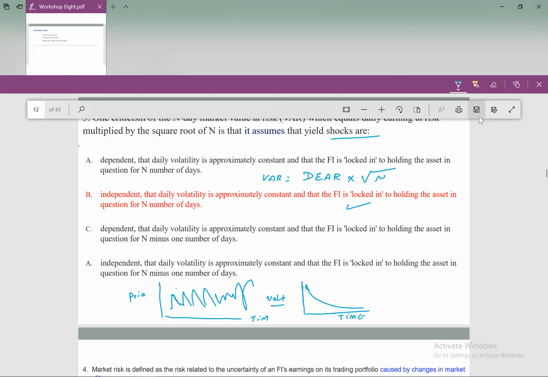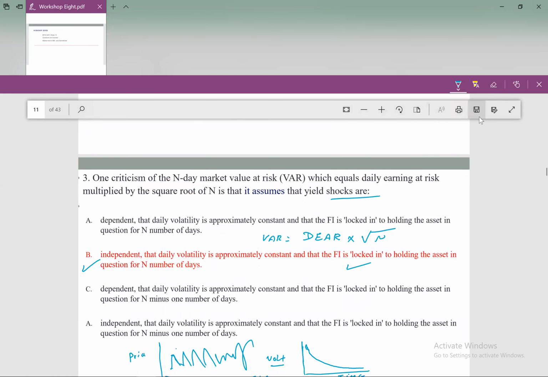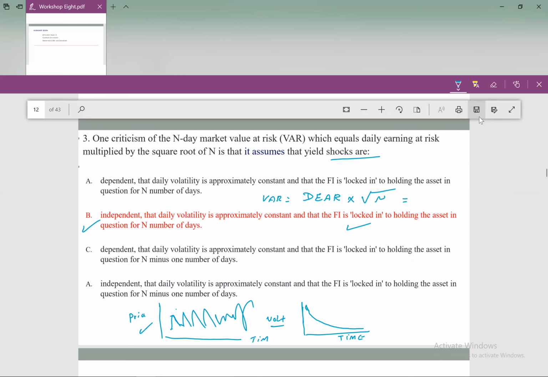So the answer for this question is that the multiplication here assumes it's constant, which is this assumption, and they are independent, which means this day is independent from this day, while actually they are dependent.